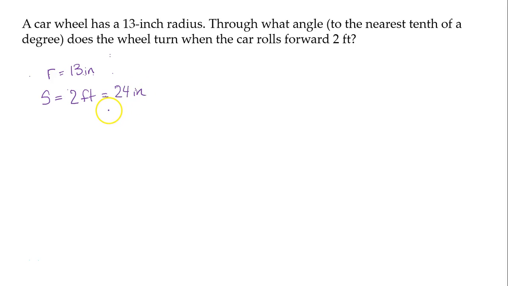And then let's see how we use our arc length formula. S equals R times theta. Plug in 24 here, 13 here. Solve for theta. So theta is 24 over 13.